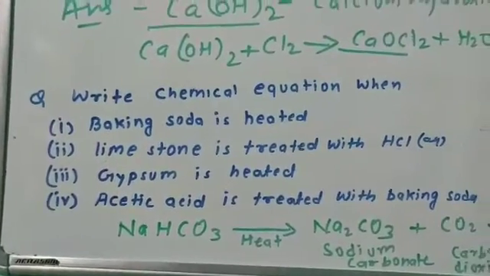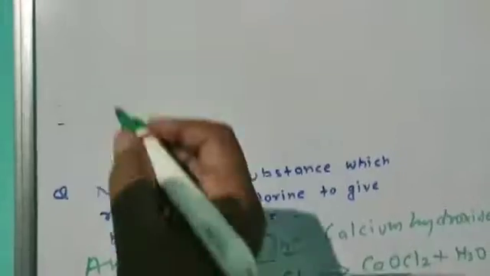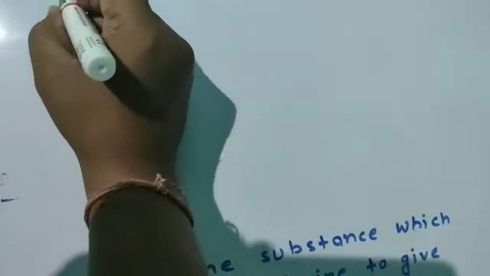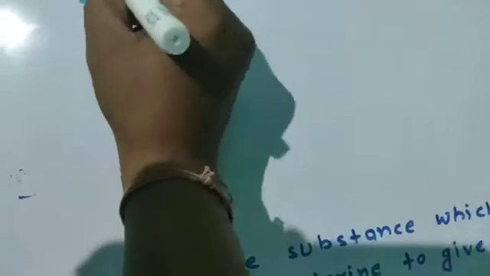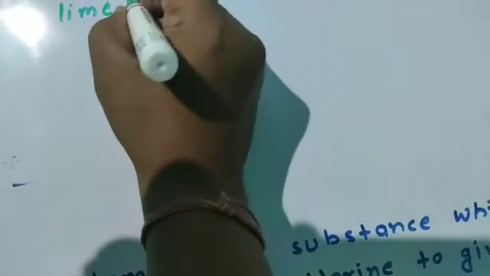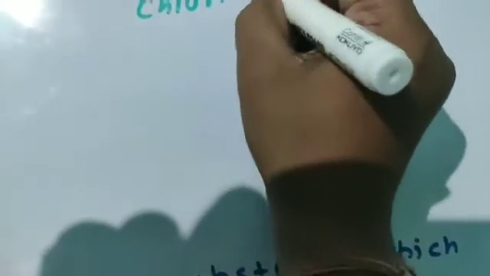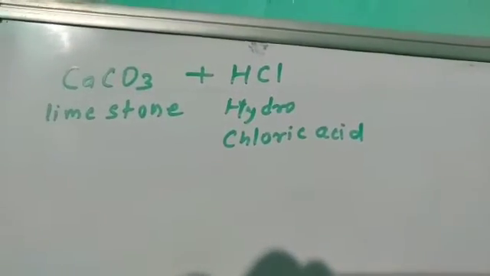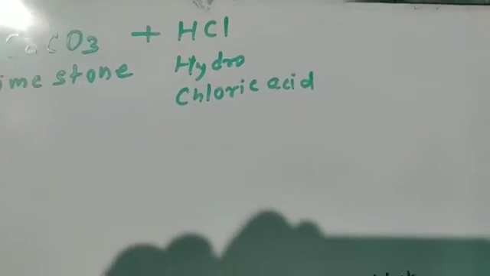Next is, limestone is treated with HCl. Limestone means calcium carbonate. It is treated with hydrochloric acid.